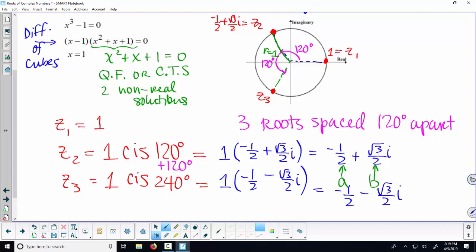Okay, so here are my 3 roots, which means if I take each of these 3 complex numbers and cube them, I will get 1. So you could cube them the old-fashioned way over here in a plus bi form, or you could use the trig form and cube them using de Moivre's theorem.